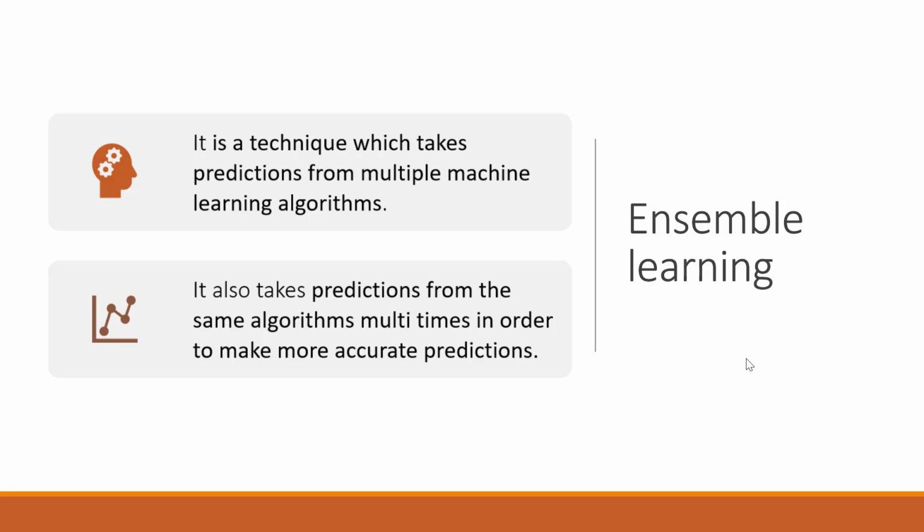Hence, we utilize the ensemble learning technique to get more accurate results. So a model composed of several machine learning models is simply known as an ensemble learning model. We can develop several models like decision tree, KNN, SVM, etc. on the same data to get a combined result.